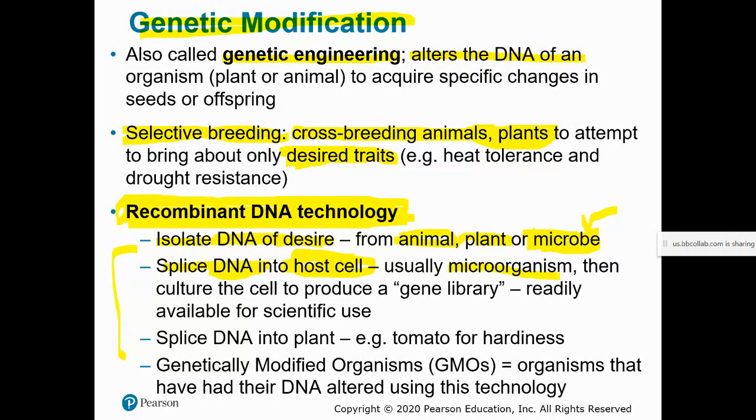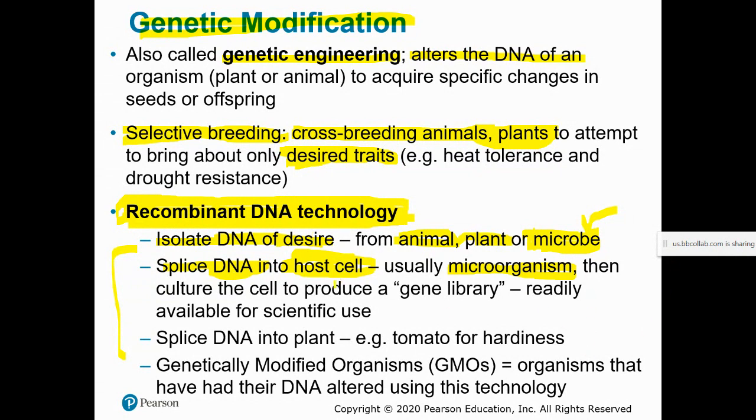So that host cell is also usually going to be some sort of basic bacteria. And one of the reasons why it would be a bacteria is because they replicate so quickly. So in a matter of days, you can have hundreds of thousands of copies of this DNA.